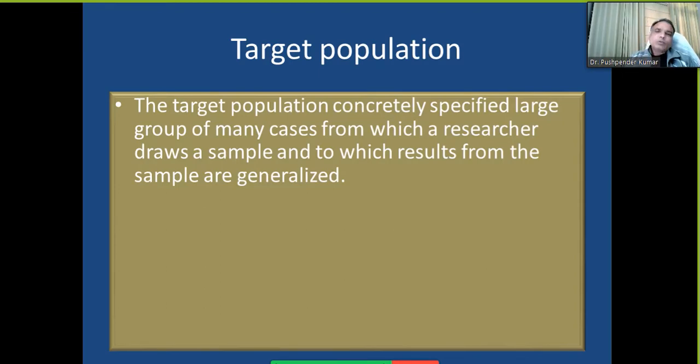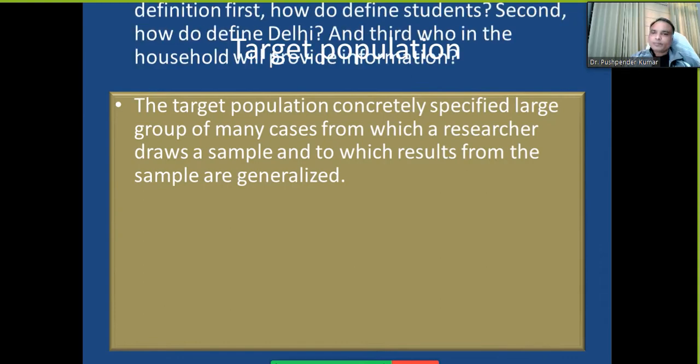you will be collecting information from the target population. The target population here would be those who are studying BCom or BCom Honors or MCom, right? So here we need to draw a sample from those who are studying MCom, BCom or BCom Honors.